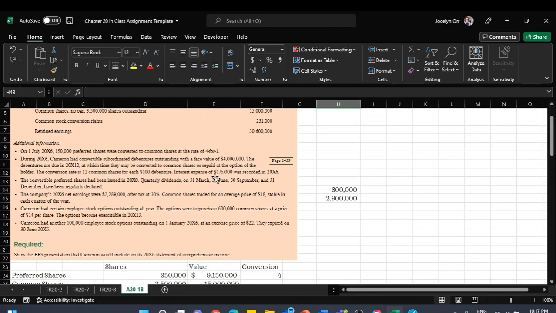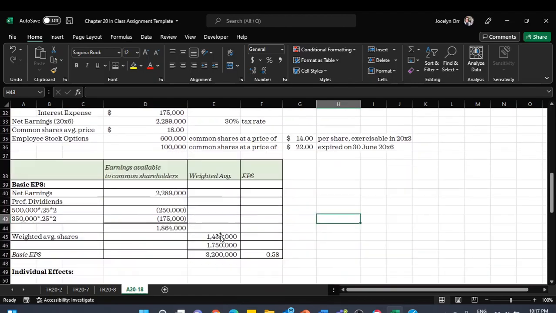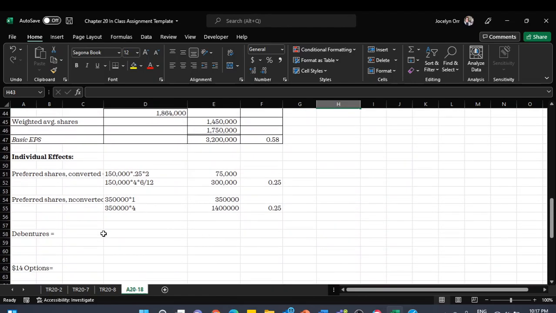Okay, and don't forget that we need to look at the tax implications of that interest expense also, because that interest expense was deducted from our net earnings before income tax was calculated. So when it comes to the debentures, on the numerator is going to be that interest expense that we could avoid. So our interest expense was $175,000.